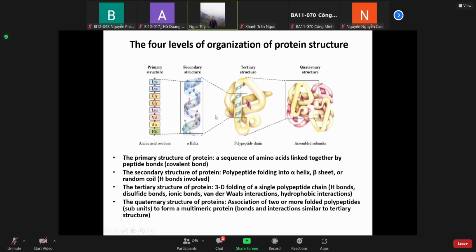That's why they are very sensitive to other factors like temperature. So it's easy to use temperature to break the 3D structure of protein, because all the higher structures of protein are formed by non-covalent links, like hydrogen bonds, ionic bonds, or hydrophobic bonds.